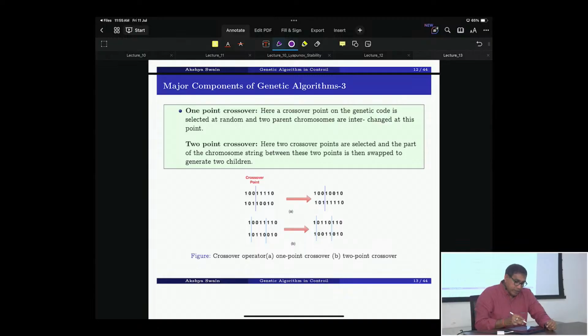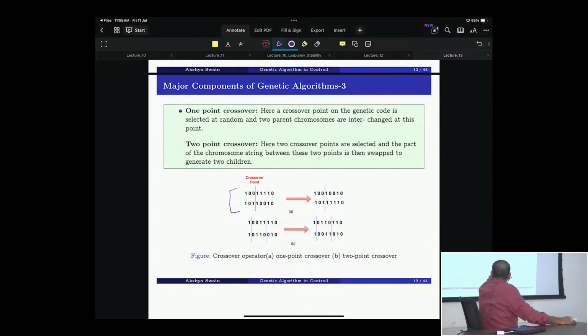Now see, first one, just see here. Suppose I have got a chromosome, one possible solution in the first generation, 100111110. The second chromosome is 101 100 10. First generation, these two chromosomes, right? In the next generation, I will generate a new set of population by using the crossover operator. What I will do?